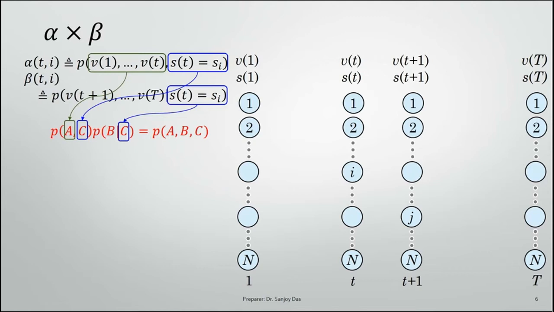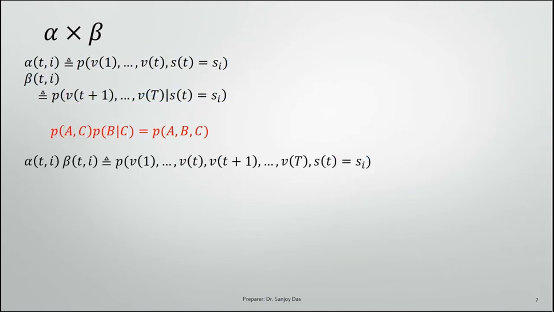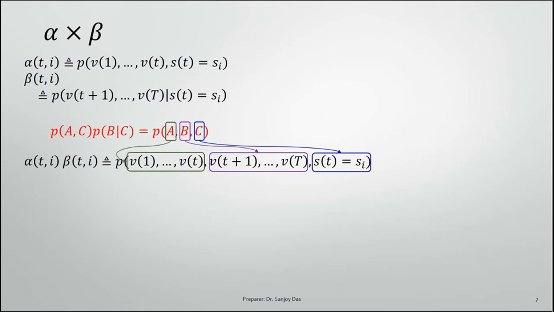The past output sequence, including the present, is A, and the future output sequence is B. And so alpha t i times beta t i is given by this expression. Comparing it with Bayes' rule, C is again St equals Si, B is the future output sequence, and A is the past and present output sequence.